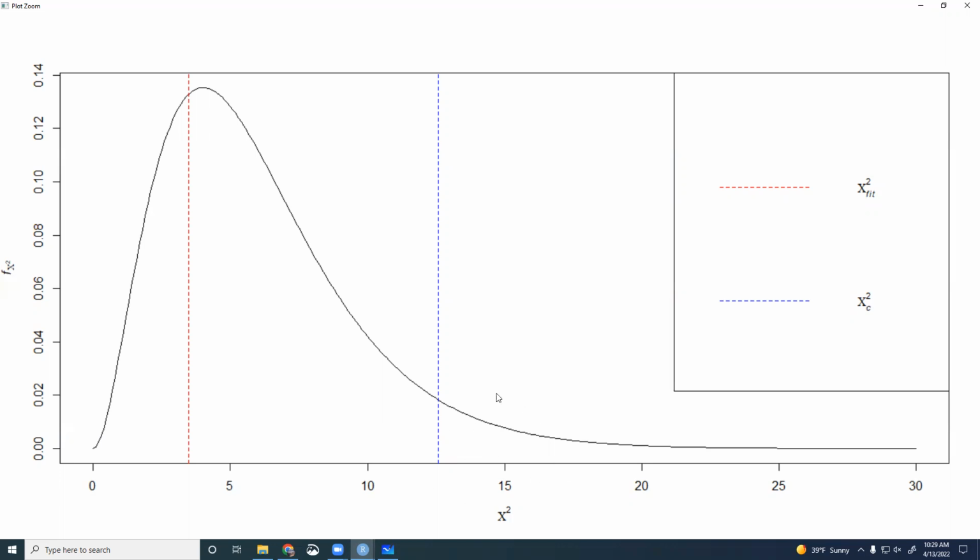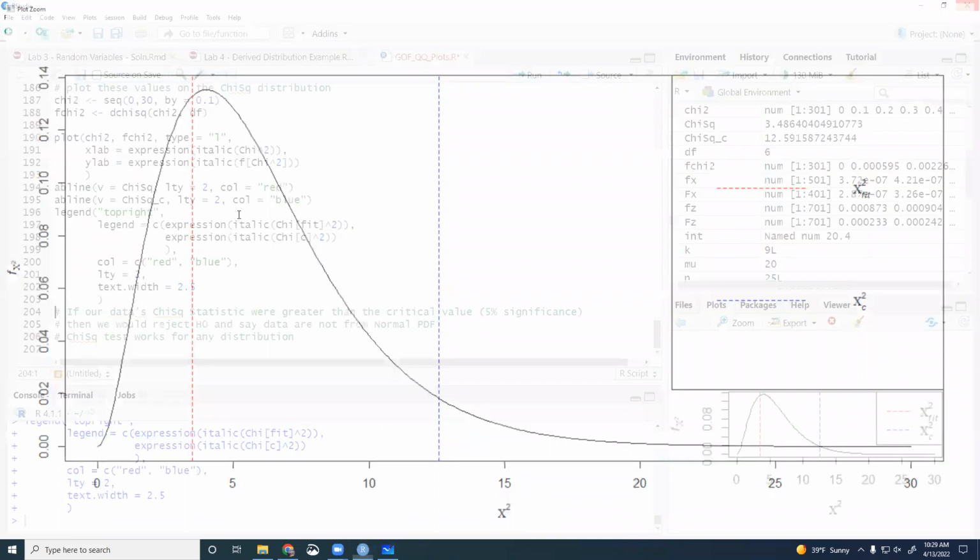But we still have that 5% chance that it in fact came from the normal distribution. So that's the type 1 error. We'll talk about that a little bit. What that means is it's a very low probability that our sample came from the normal distribution, but it's not a 0 probability. It's a 5% probability based on this test, based on this setup. So that's that threshold that we'll talk about.